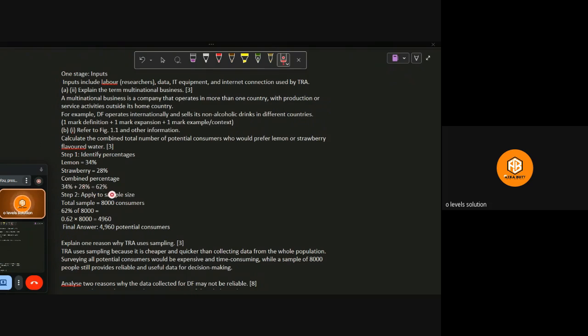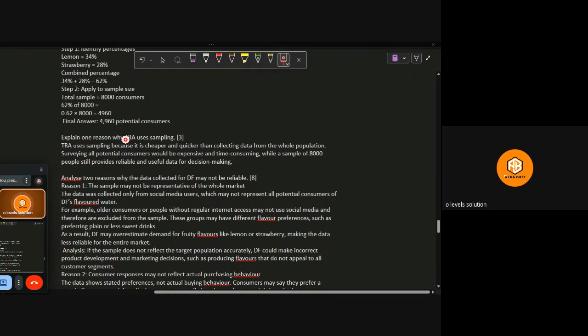We can apply this to the sample size to know how many customers there are. We know they collected the information from 8,000 customers. So 62% of 8,000 will become 4,960. So the total number of customers who like the lemon and strawberry flavor is 4,960 out of 8,000.